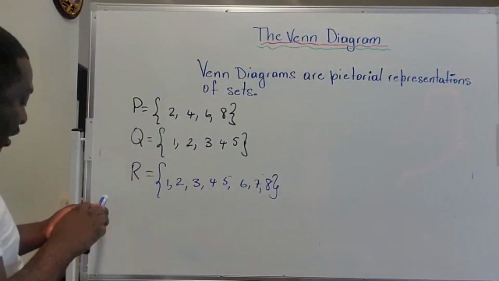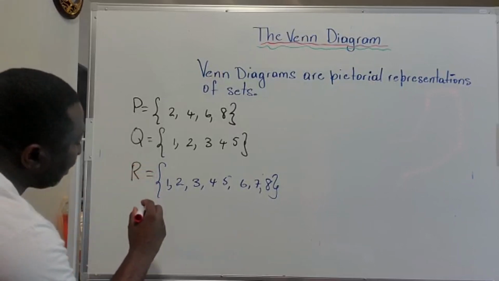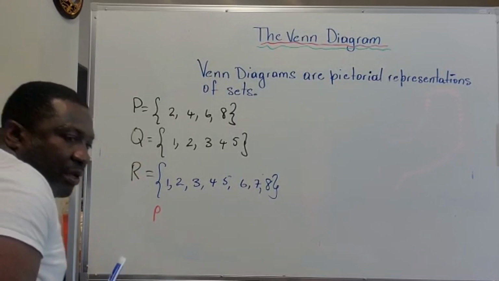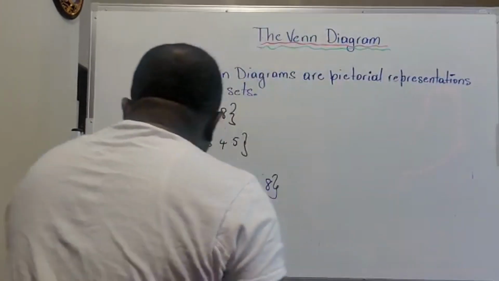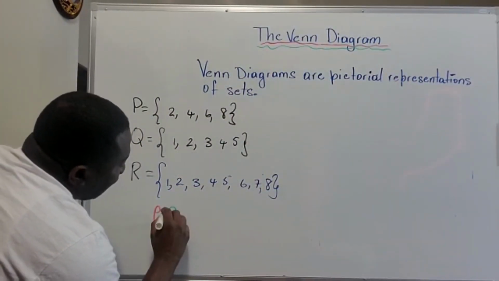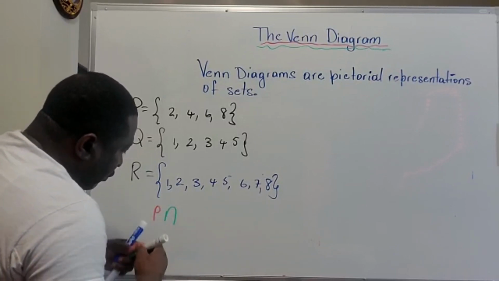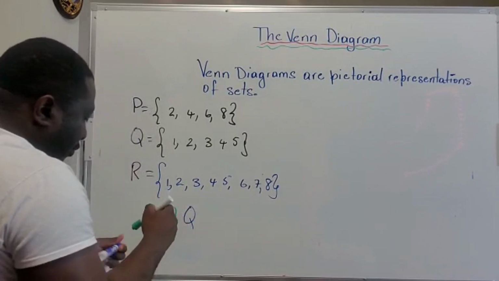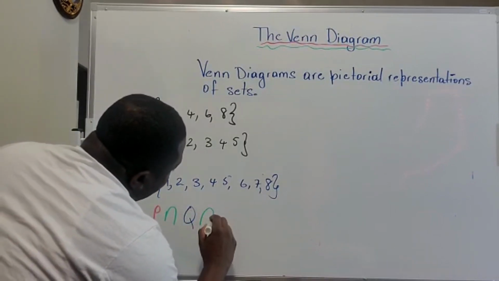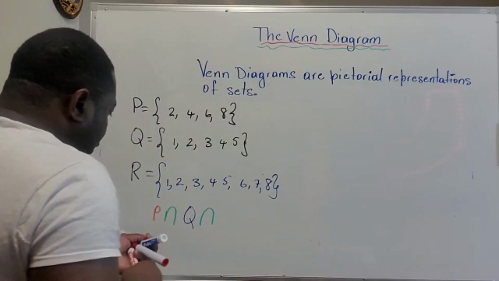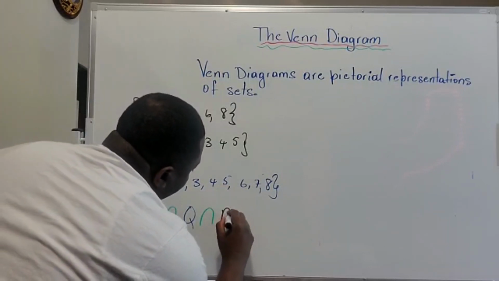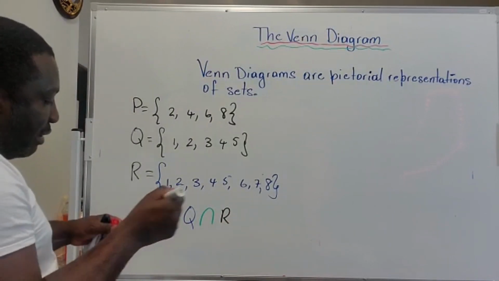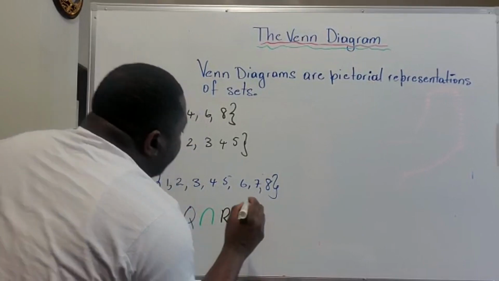If we were to write here in terms of intersection, it would be P intersecting Q intersecting R. So we want to find what are the common elements to all 3 sets.